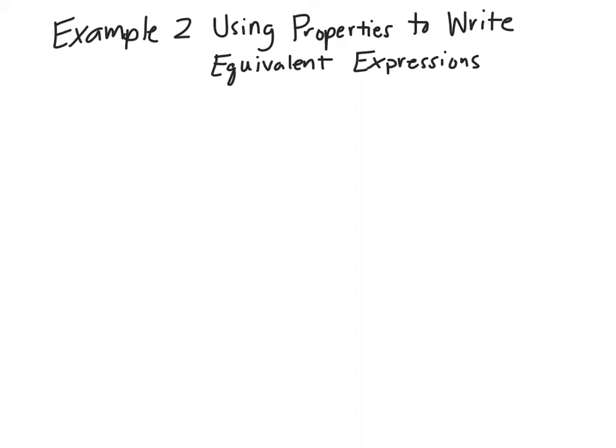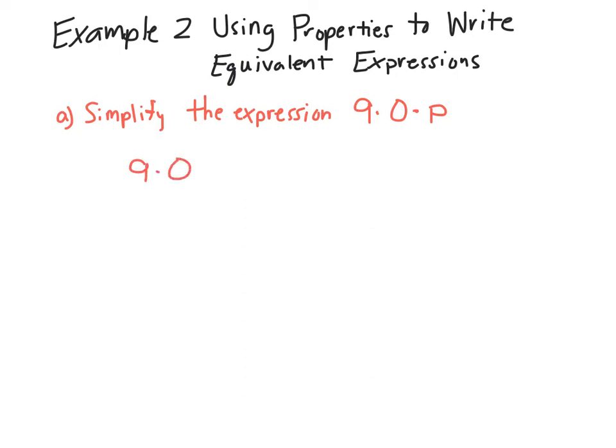Here's part A. The first step is to simplify the expression 9 times 0 times p. Our first step is to rewrite the problem, so we have 9 times 0 times p. Then we have to figure out what we are going to do with it.